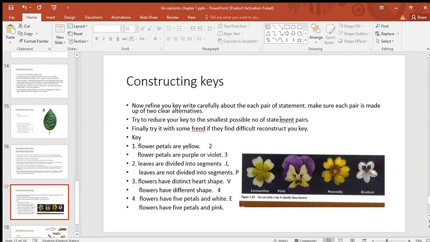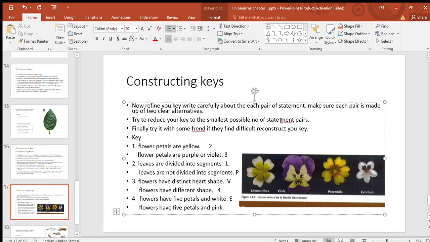Write clear words and short sentences. Do not write too many lengthy sentences, so that it is difficult for people to understand. When you have constructed your key, finally try it with some friend. If they find it difficult, then you should reconstruct your key.